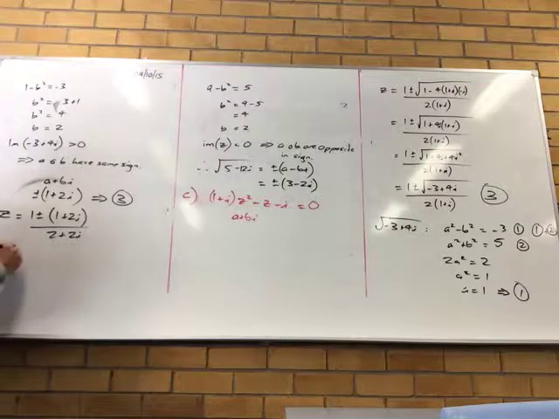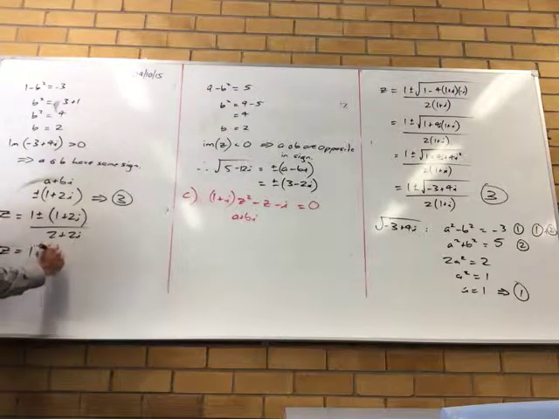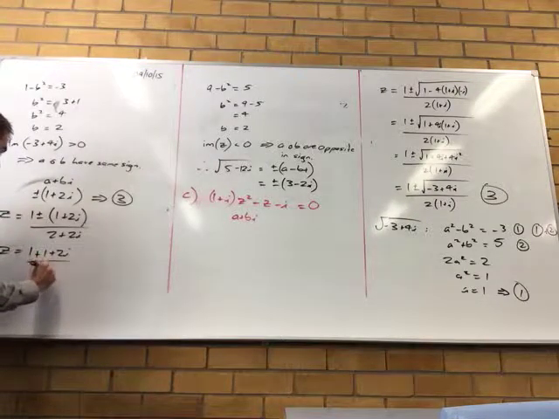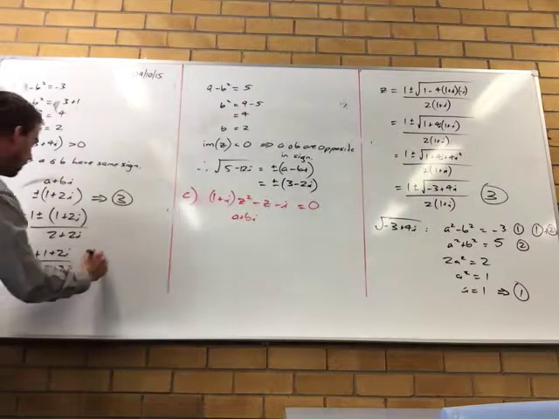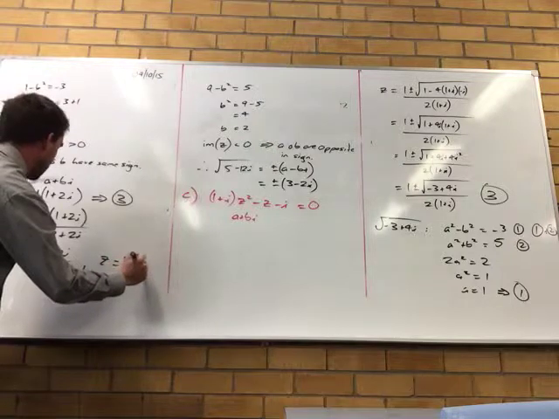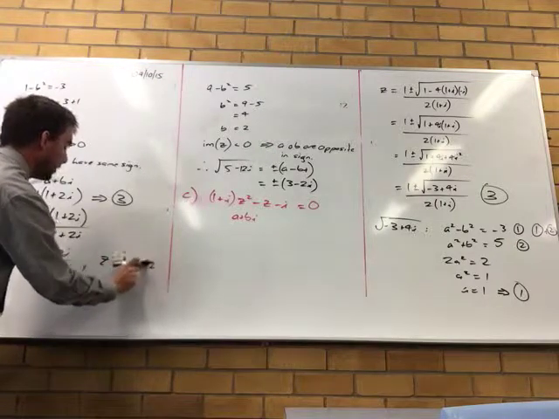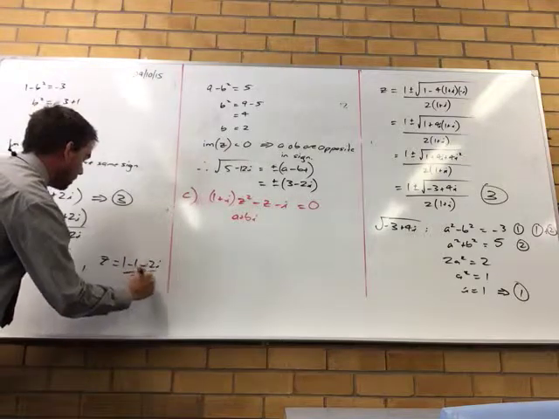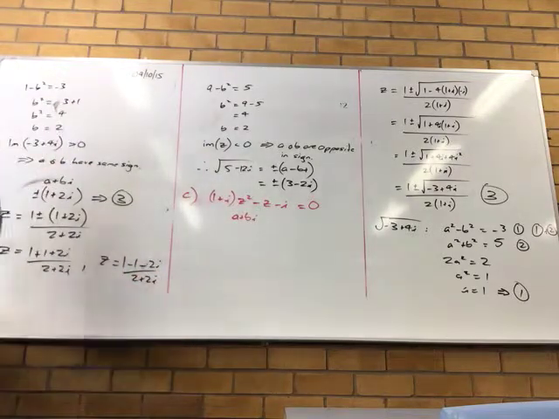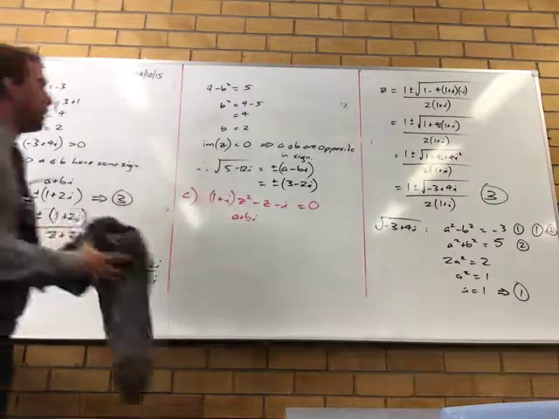Okay, so z is 1 plus 1 plus 2i over 2 plus 2i, and z is 1 take away 1 plus, sorry, negative 2i, all over 2 plus 2i.